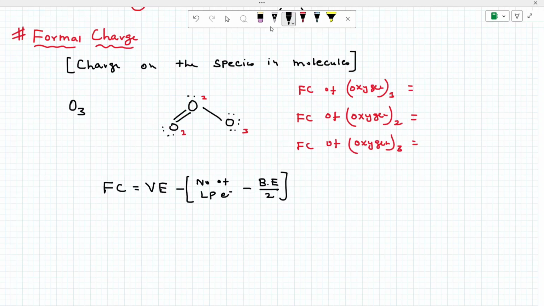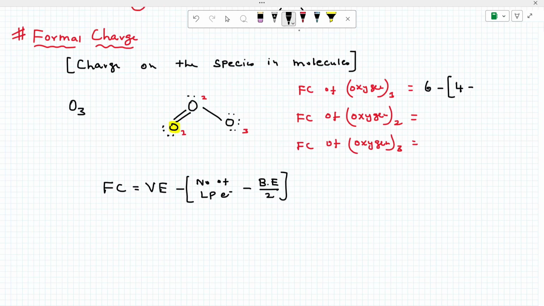See the first oxygen. What is the valence electron of oxygen? 6. 6 minus the number of lone pair electrons. How many lone pairs? 1, 2, 3, 4, so there are 4 electrons. Minus, how many bond pairs? There are 2 bond pairs. One bond means 2 electrons, so 2 bonds means 4 electrons.